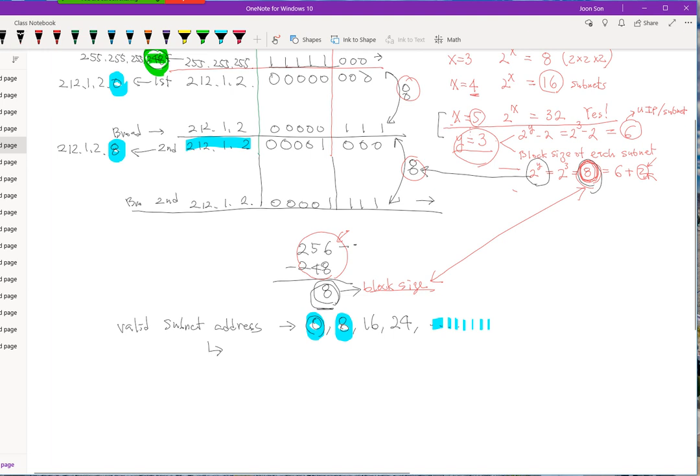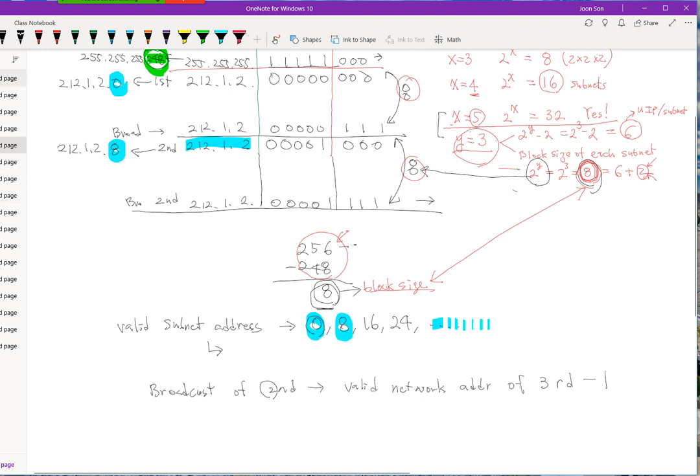So why? Because when I ask you to find the broadcast address of, for example, the second subnet, the best way is to find the valid network address of the third subnet, and then you minus 1.